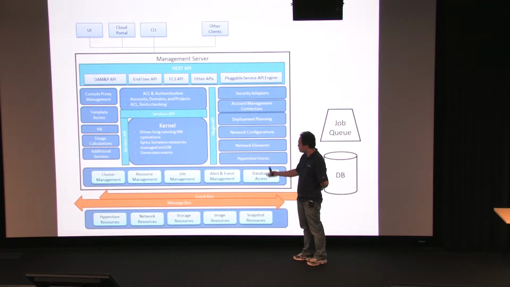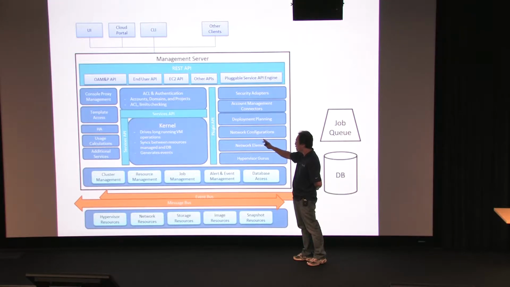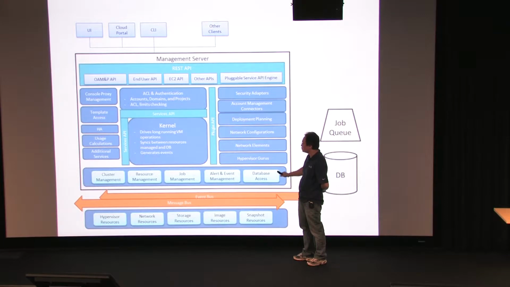There's the job management, which is the async job queue. There's alert and event management, and then there's database access. And all these things are layers so that the top portion of our code, where the majority of our business logic is, does not actually have to understand the underneath. So it is possible to swap the infrastructure out without affecting what is above us.